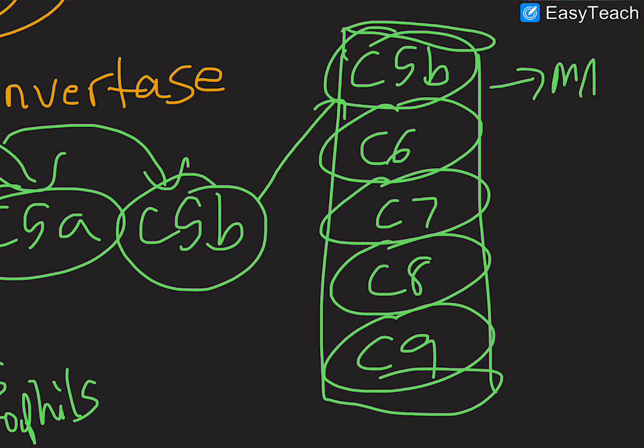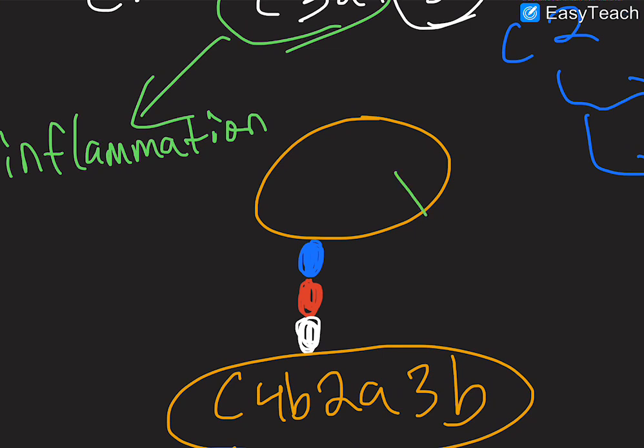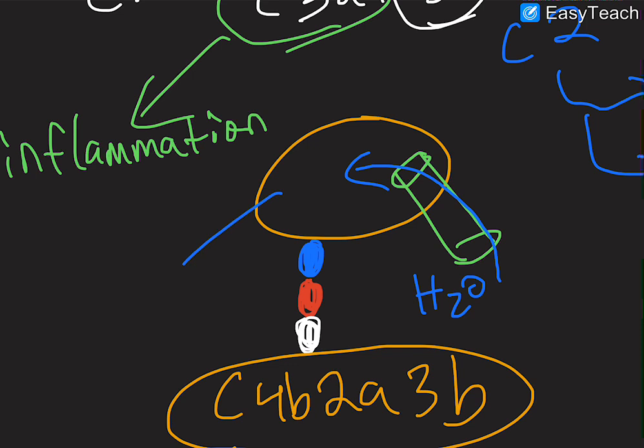This will create a pore that helps water from the outside environment flow inside the pathogen, which will lead to osmotic lysis, cell destruction, and pathogen destruction.